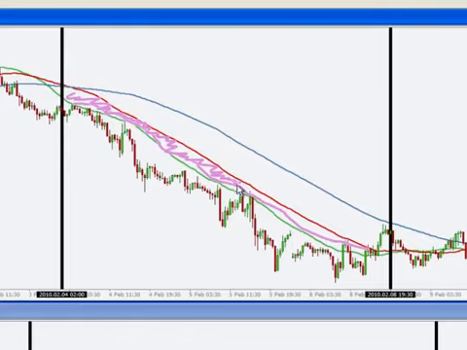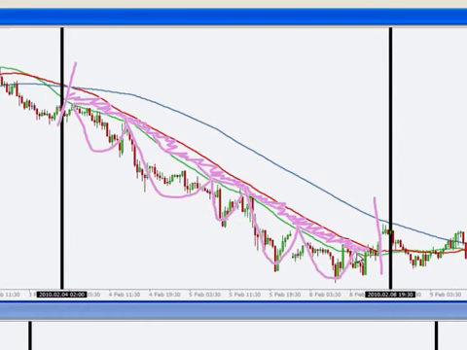Since we are going to be using the dynamic area of support and resistance in order to pinpoint our entry points, our entry levels, as long as the trend is in place, meaning from here all the way until here, okay? As long as price keeps on coming back to the dynamic area of support and resistance, and as long as that dynamic area of support and resistance keeps on being respected by price, it's great.